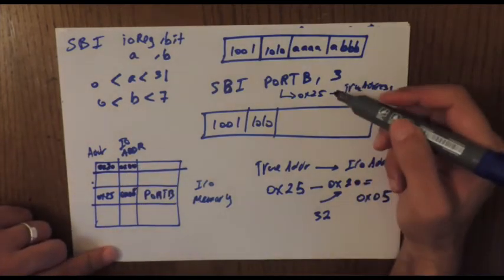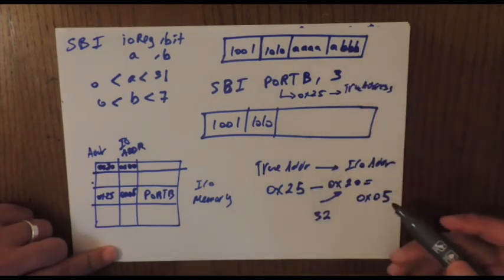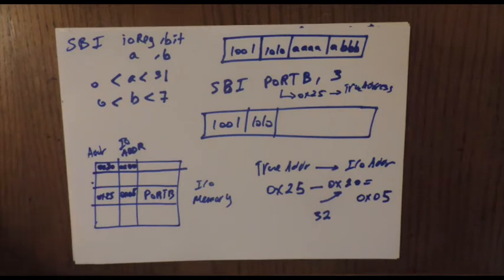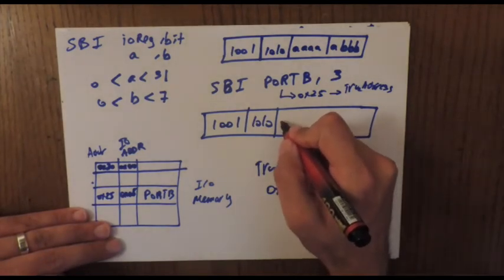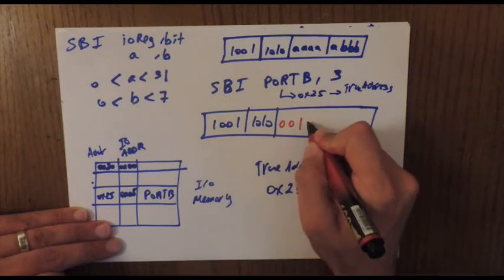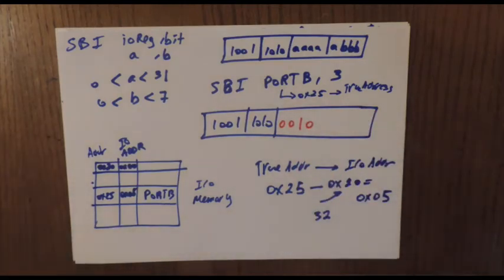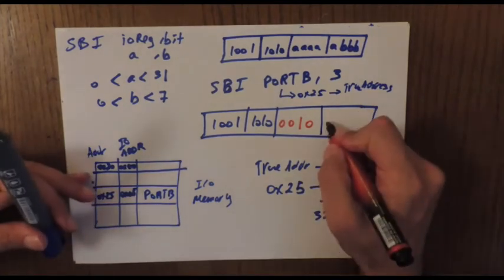So instead of placing 25, which is of course more than 5 bits, we're gonna place 05. So let's place it in a different color. So we have here 0, okay, 0, 1, 0, and this is 1.